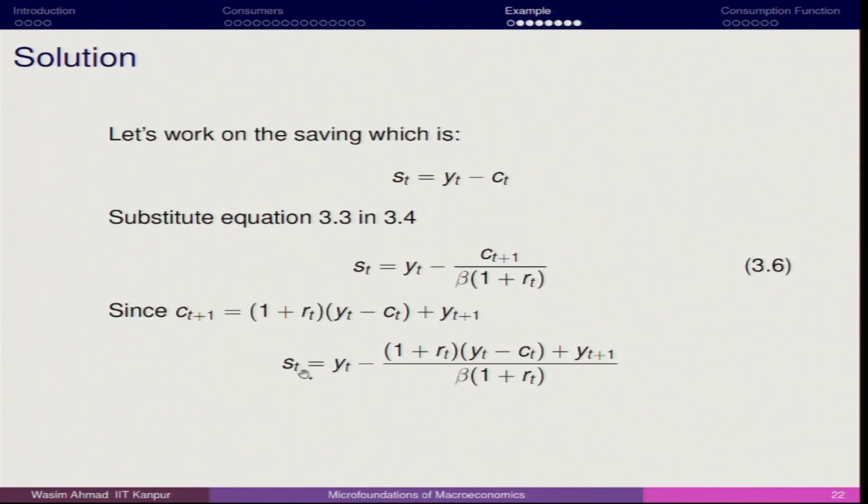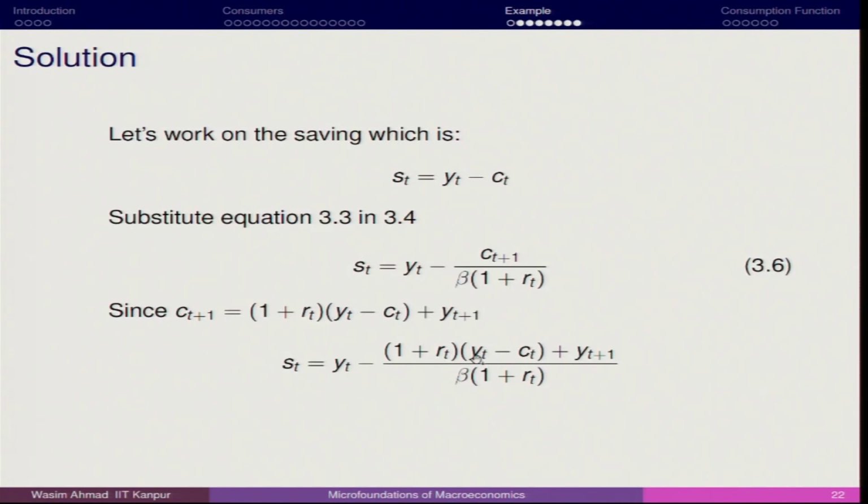So, here it will be S t is equal to Y t minus C t, where C t is Y t plus 1 upon beta into 1 plus R t. So, this is how it looks. The saving expression is finally Y t minus C t, plus Y t plus 1 upon beta into 1 plus R t, which means that this expression can be called saving plus 1 plus R t, current period saving plus Y t plus 1 upon beta into 1 plus R t.